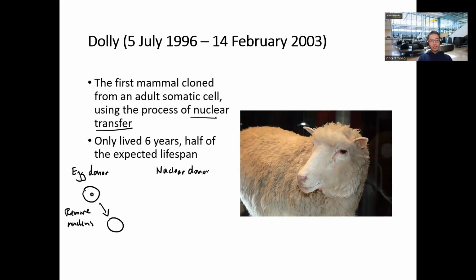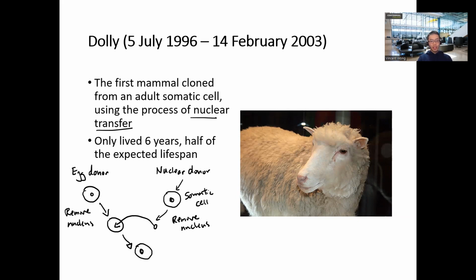So they take a somatic cell from the donor, and then they remove the nucleus. And then they put the nucleus inside the empty egg, the egg that doesn't have the nucleus anymore. So then what you get is an egg with a donor nucleus, right?